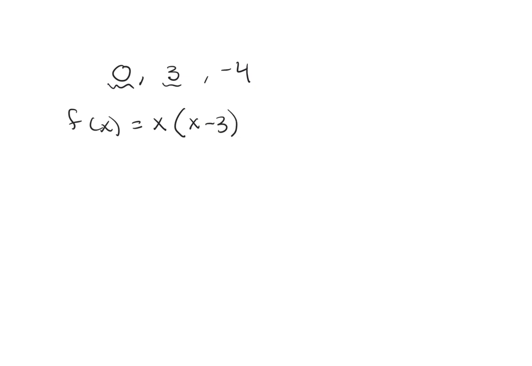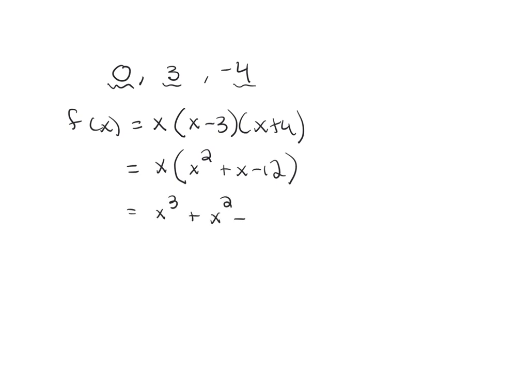Then a 0 at 3 gives x minus 3, and -4 turns into x plus 4. So this one's not too bad. We have an x. Let's expand the two binomials: x squared plus x minus 12, and then x to the third plus x squared minus 12x.